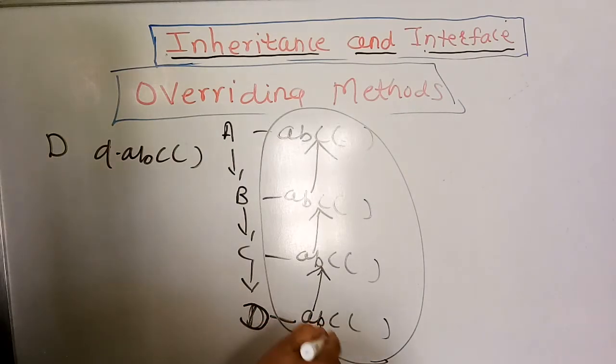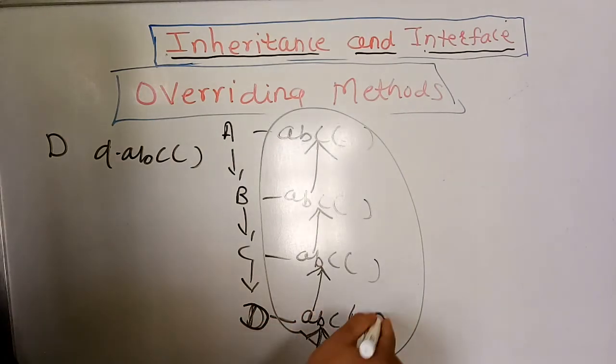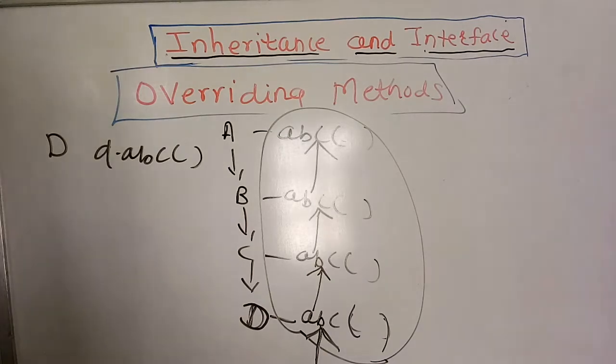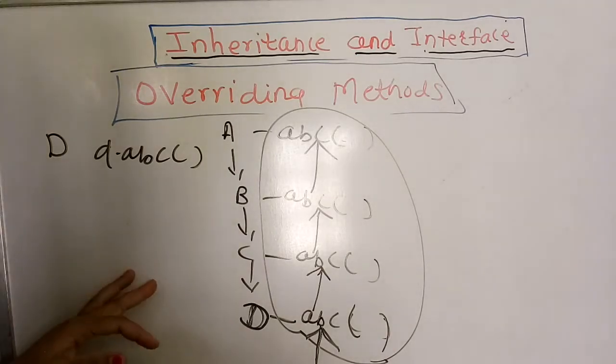It will get the method according to its parameter list. So this overall mechanism is nothing but dynamic method dispatch. Upcasting means when a parent class reference variable points to the child class object.